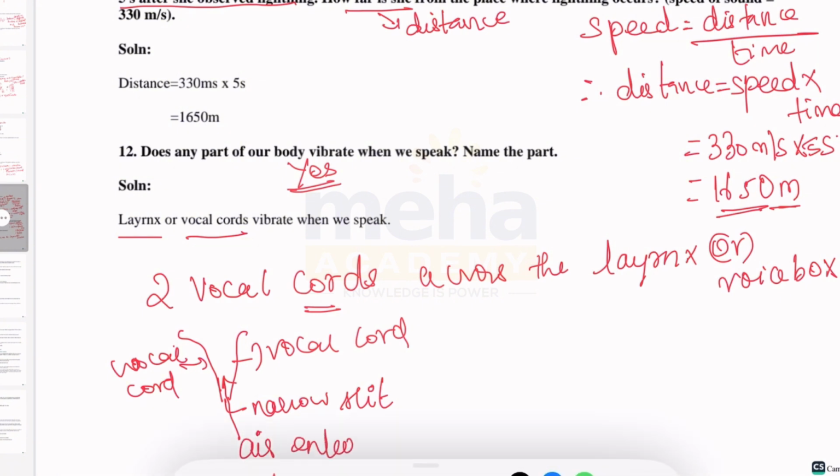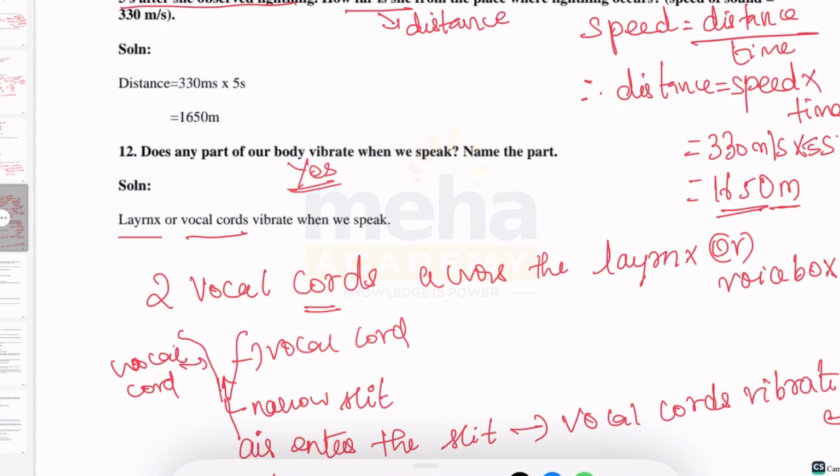When the air enters the slit, it gives rise to vibration. The vocal cords vibrate, and we know that any vibrating object produces sound. So air enters through the slit, the vocal cords vibrate, which produces the sound.